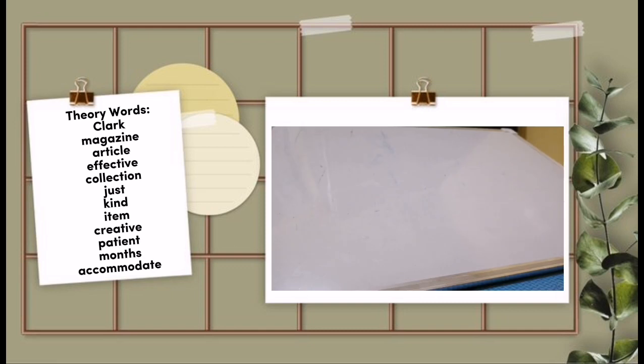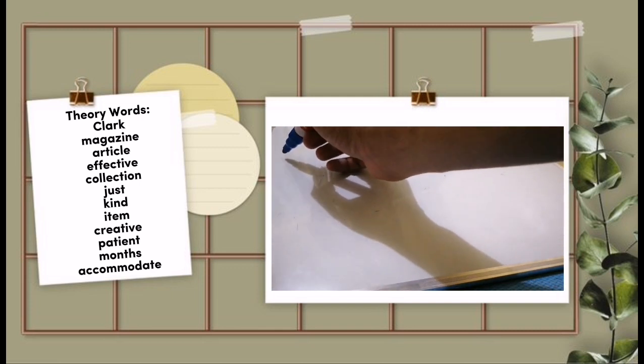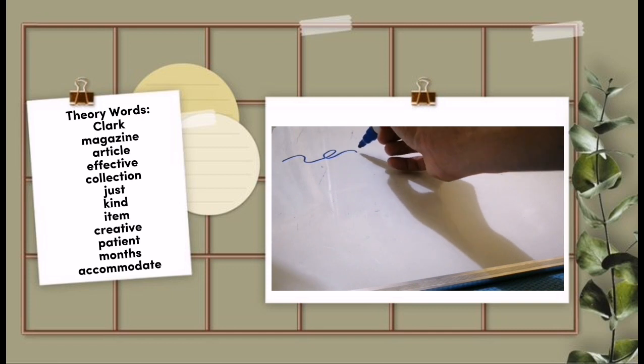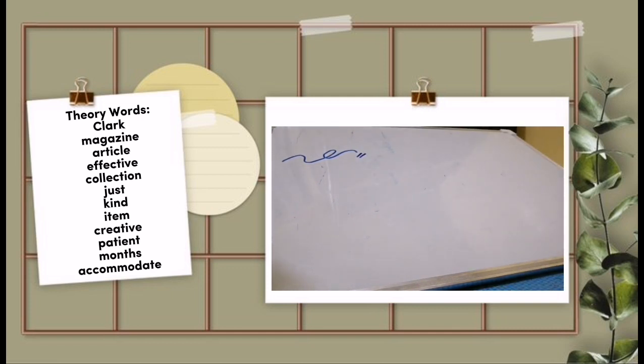Next lesson, we have lesson 43 and we have the theory words again. For our first word, we have the word Clark. Next word, magazine.